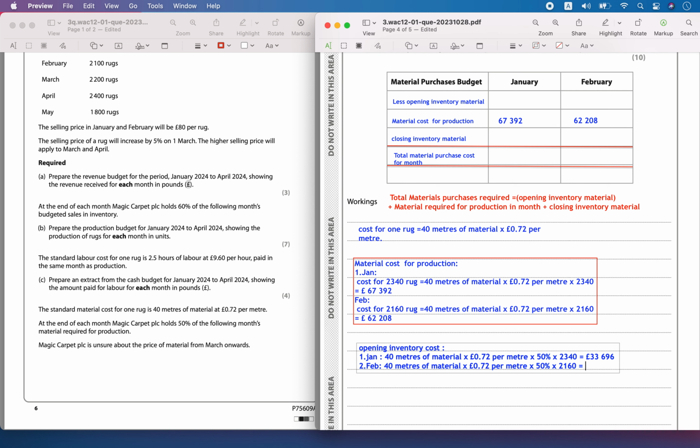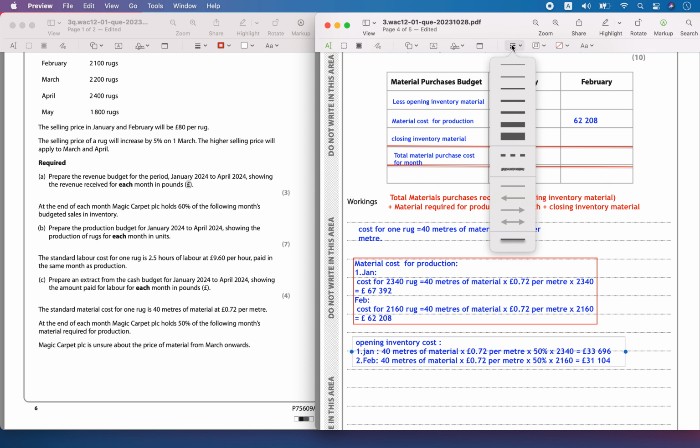So that is going to be equal to 40 times 0.72 times 50% of 2160, that is equal to 31104.